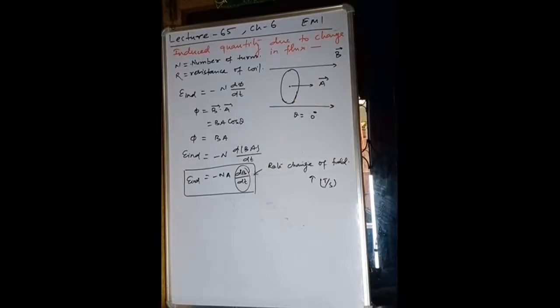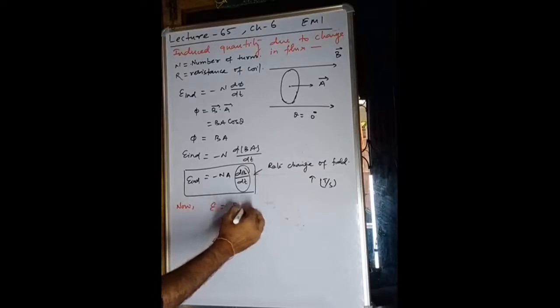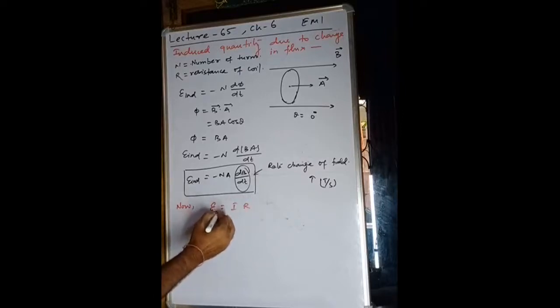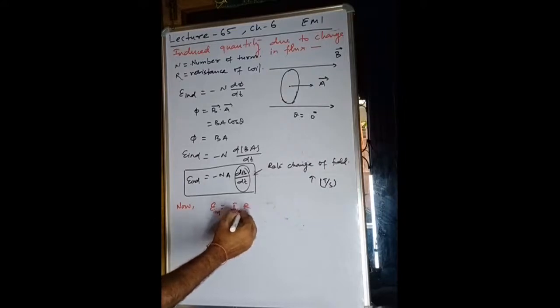Now, my dear students, the next quantity we will study is the current, which we have studied already. Now, we know that E is equal to IR. If it is the induced EMF, then this is the induced current. Due to this resistance, this current is induced in the coil.